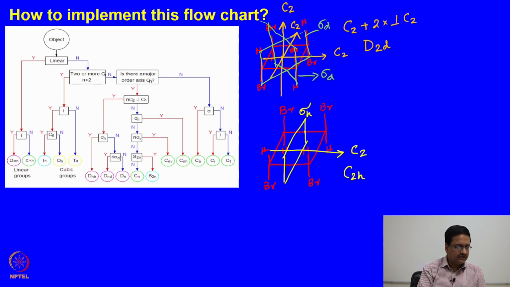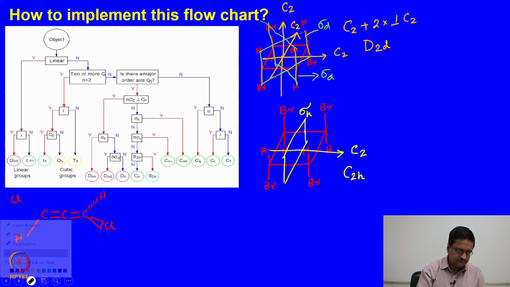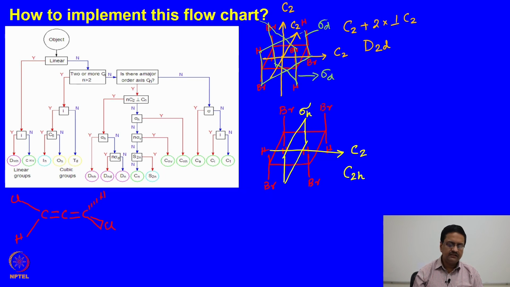Now, let us try to draw another molecule which is a derivative of allene, which we have done already. We have done allene before. So, we should do some derivatives of allene. While doing this point group for allene, what we did is we had drawn the molecule inside a cube.